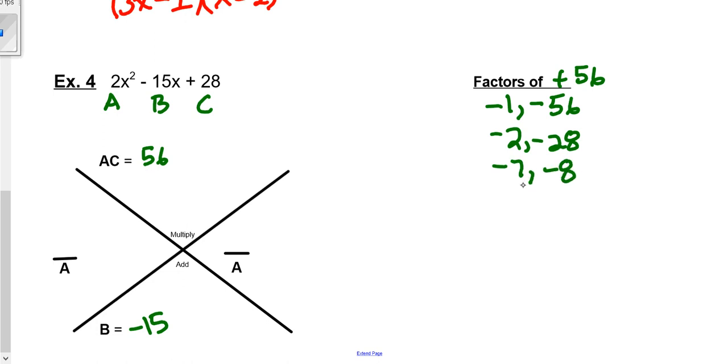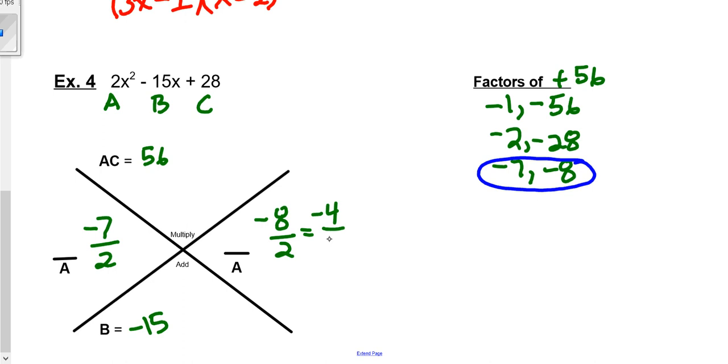But look here, negative 7 plus negative 8 is negative 15, and that's what we're looking for. So those are our two middle terms there. Let's go back to our x. So we got a negative 7 here, negative 8 here. We're going to divide by our a, and our a number is 2. Negative 7 over 2 can't be reduced any further, but negative 8 over 2 reduces to negative 4 over 1.